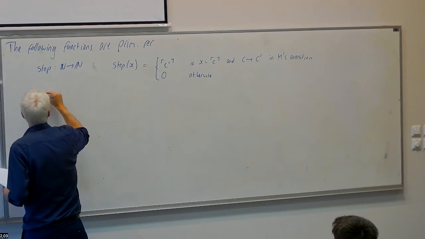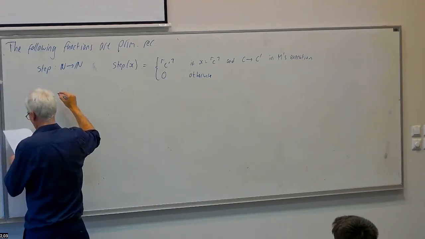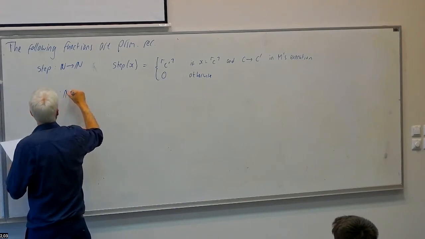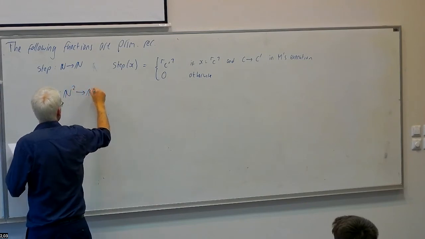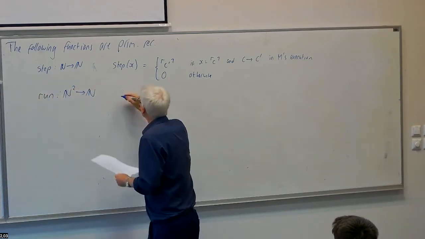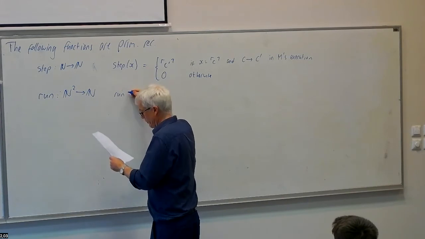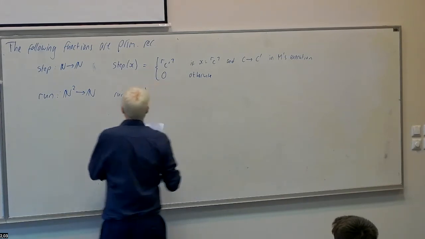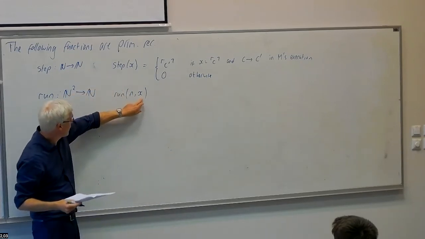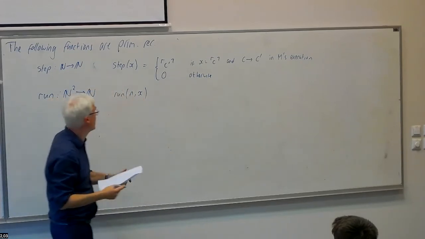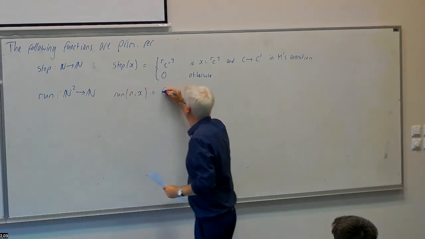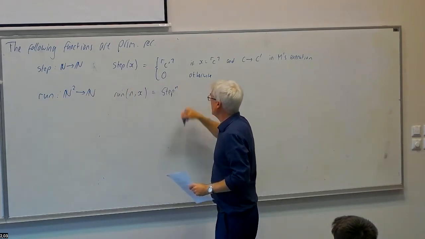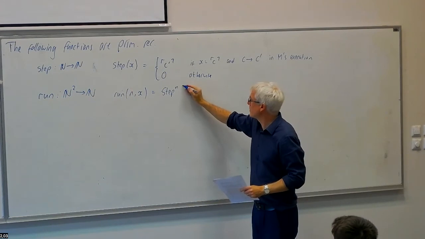So following this, we have run, which goes from N squared to N, a 2-argument function, where run of the Turing machine on configuration x with n is simply the n-fold iteration of the step function on x.